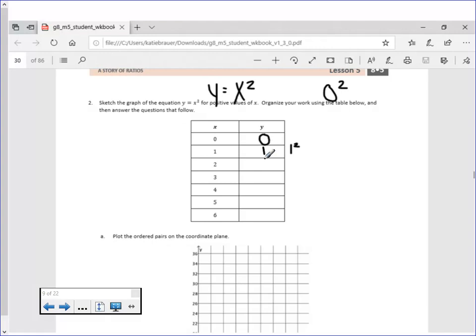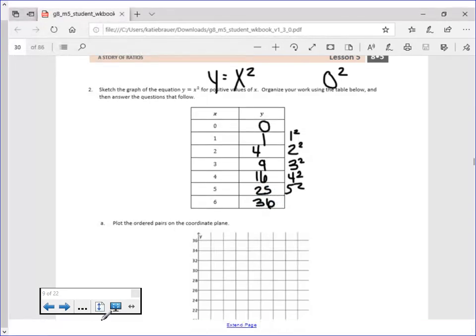What is it? 2 squared is 2 times 2. 3 squared, 3 times 3. 4 squared, 16. 5 squared, 25. So be filling this in on your notes. 6 squared is 36.